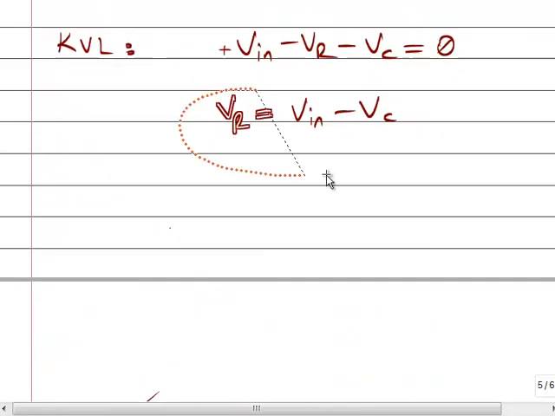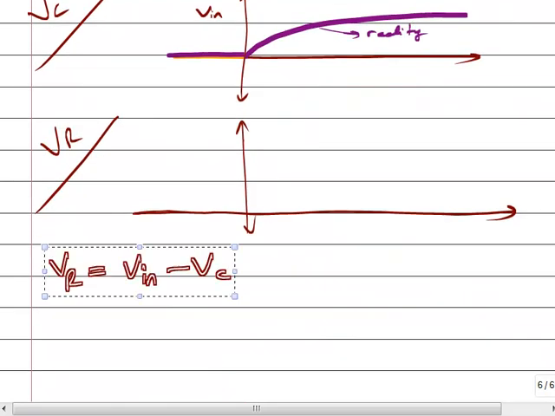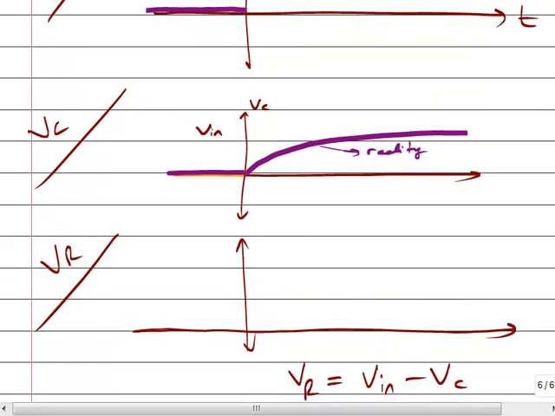Okay. Let's try to draw this shape. Here, 0 minus 0. Let me draw this value like that, and this is the value of V in.